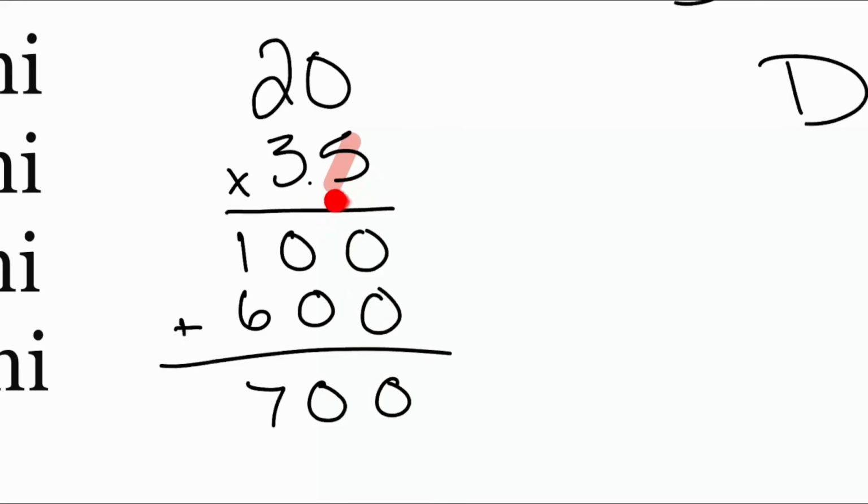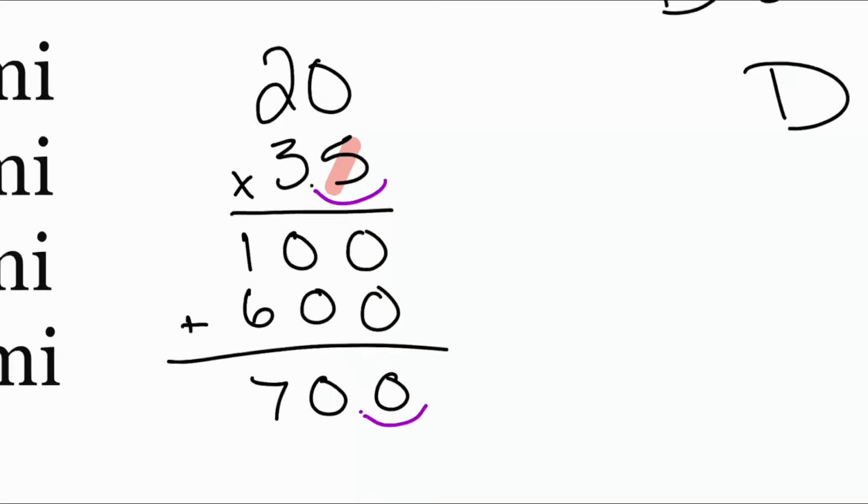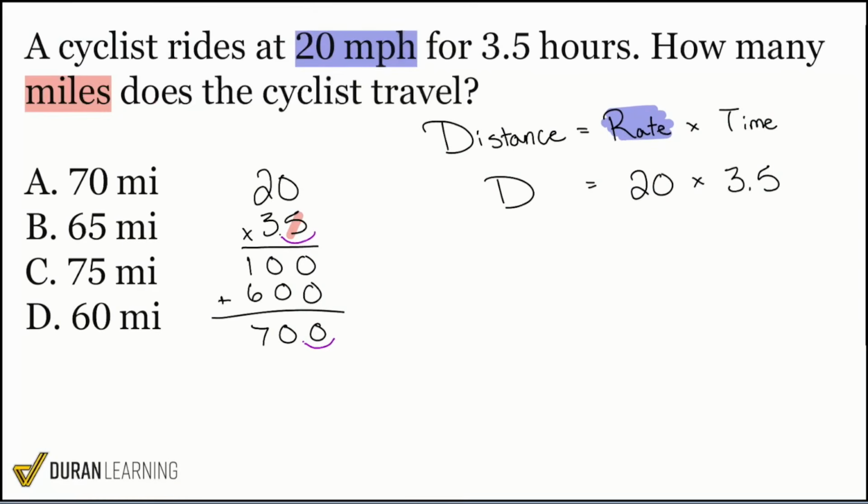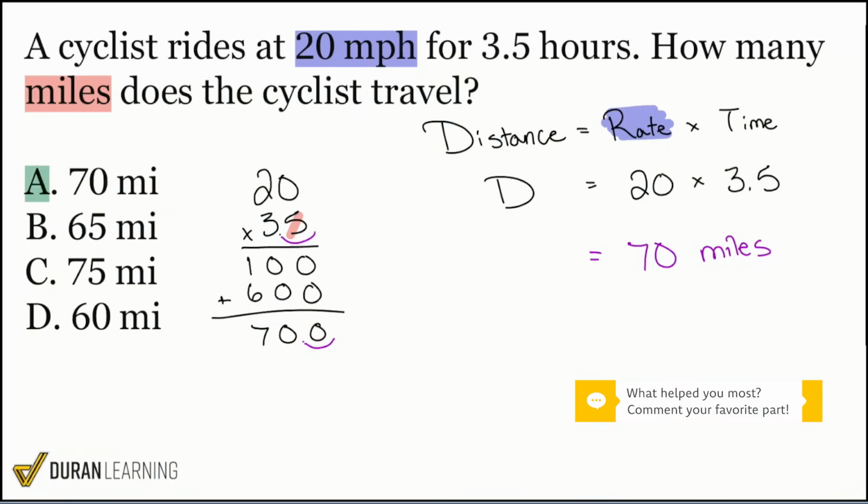We see that there is 1 decimal space that we utilized. So we'll only bring back 1 decimal place. And there we go. That's what makes our product complete. 20 multiplied by 3.5 is 70 miles. And that makes the correct answer for this particular problem A, 70 miles.